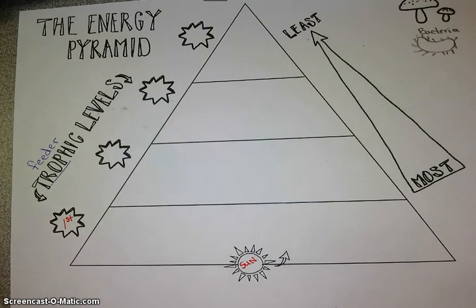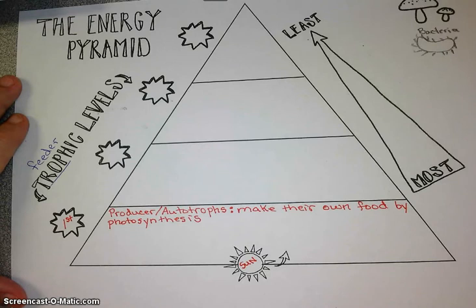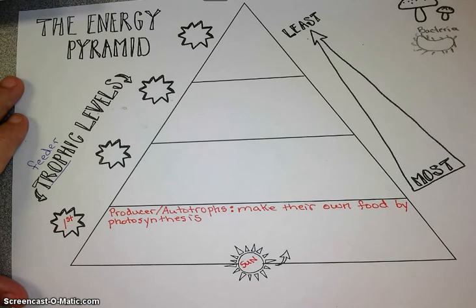And on this first level, we have all of the organisms that can make their own food. So we have producers, or autotrophs, and we said that they make their own food by, what's that process? Photosynthesis. So this first trophic level is going to have all sorts of organisms that I am about to draw.